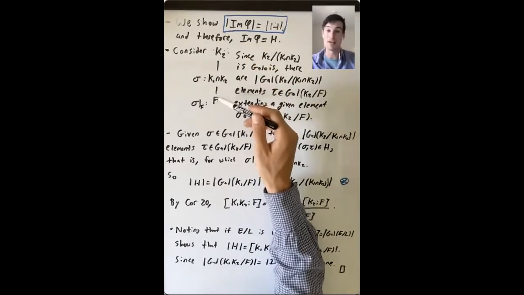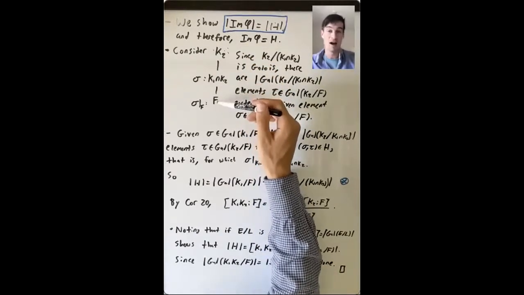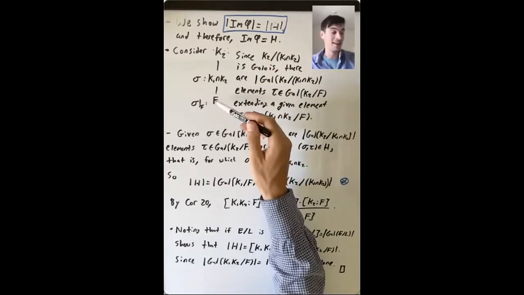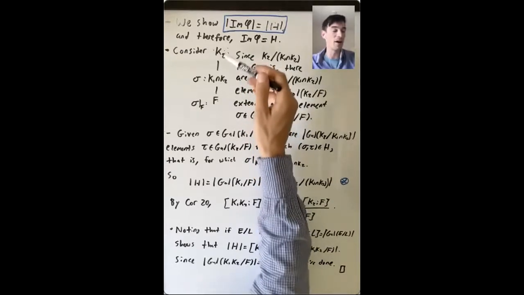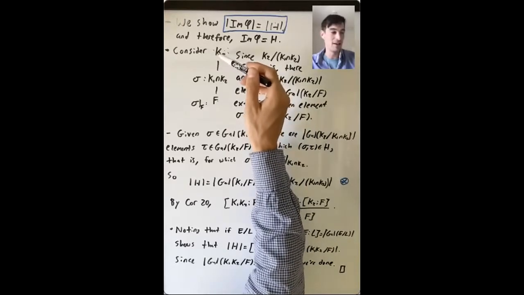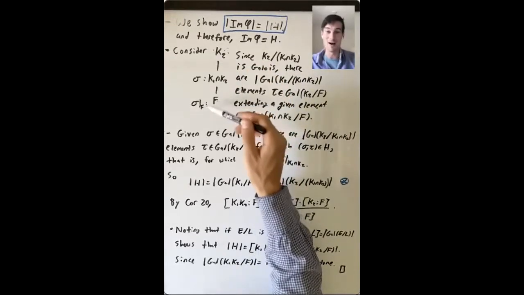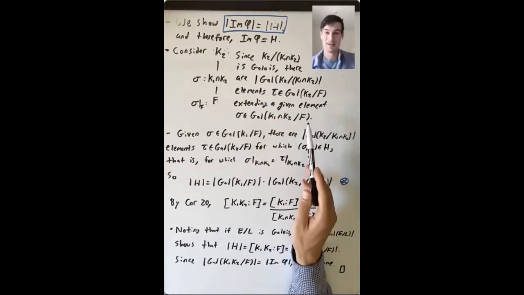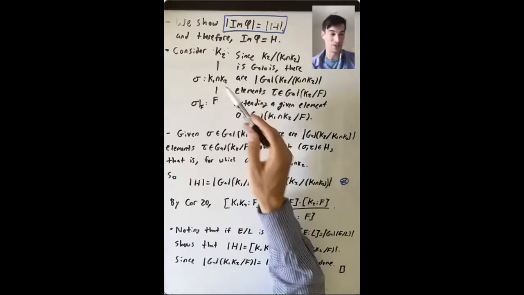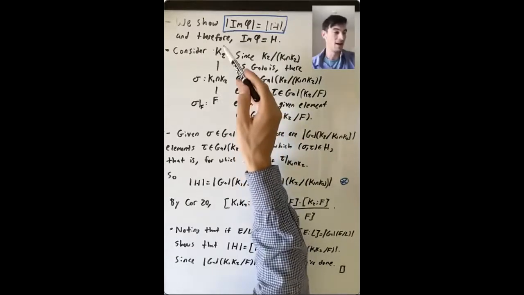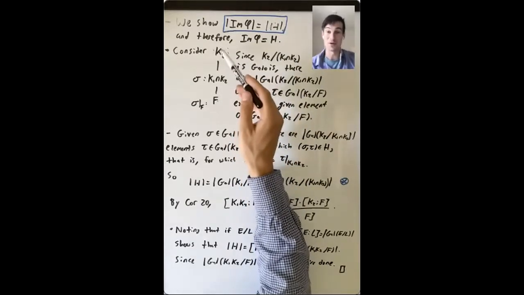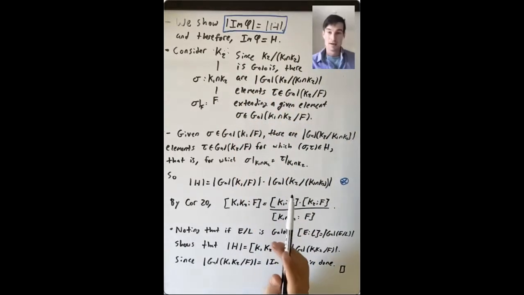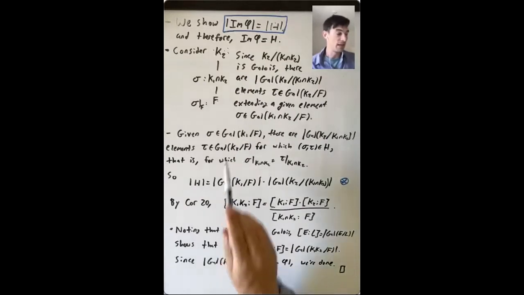We had to talk about the number of automorphisms of one field fixing another that extended a given automorphism, or the number of automorphisms of one field that restricted to a given automorphism down below. Okay, so this is the big observation. It's this thing about the number of isomorphisms, or really automorphisms, extending a given automorphism.